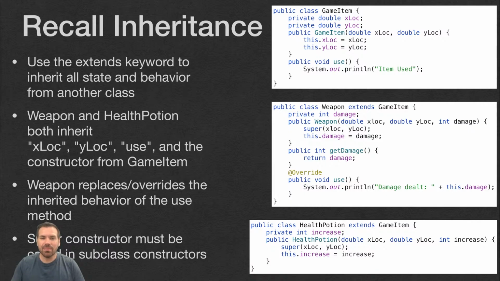So, let's talk about polymorphism. In my opinion, polymorphism is the biggest payoff of setting up inheritance. Last time we talked about inheritance without the context of polymorphism, and I can still sell inheritance. It's to reduce duplicate code when you have a lot of classes that do similar things. You have a lot of common functionality in weapon and health potion and bow and arrow and any other game item that you want to add to your game.